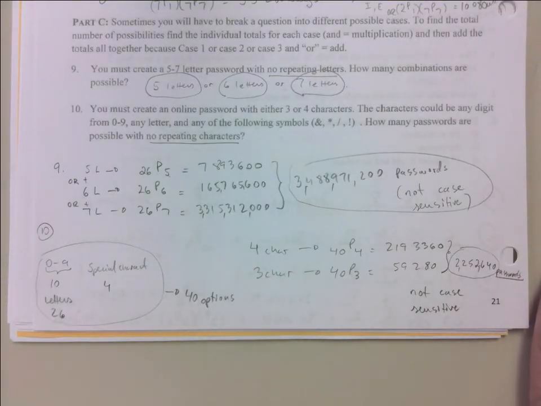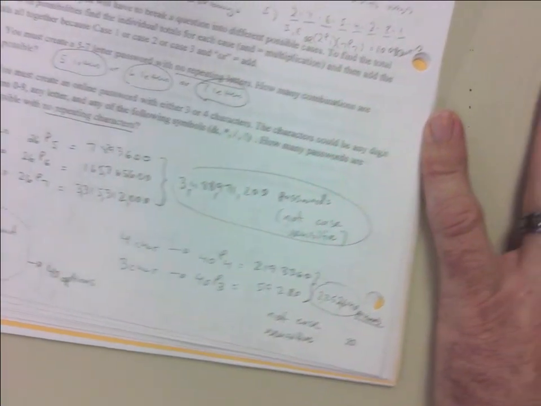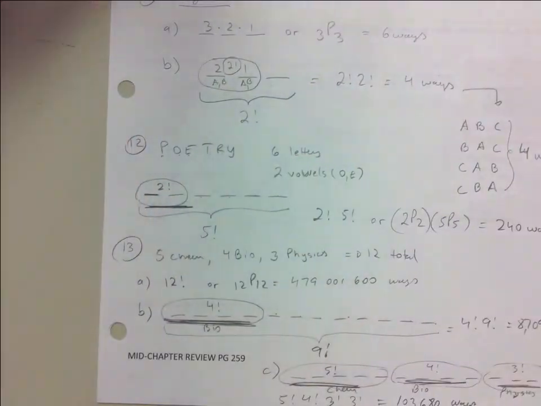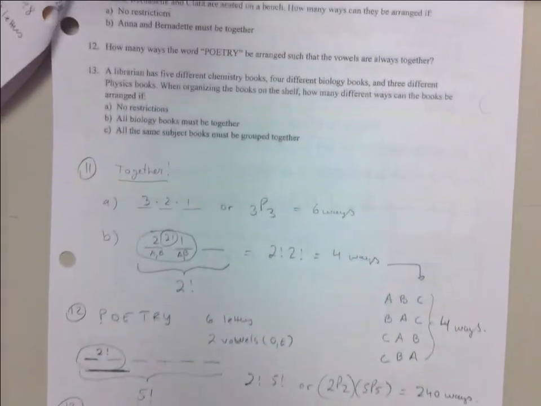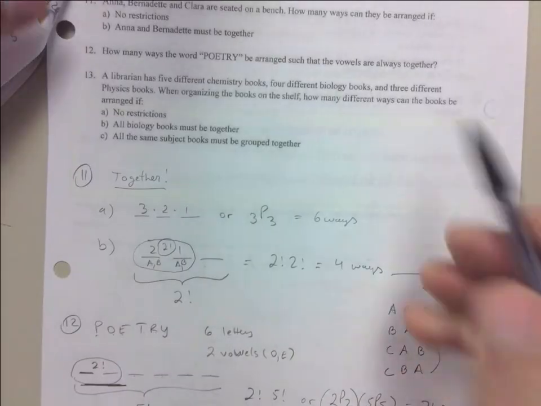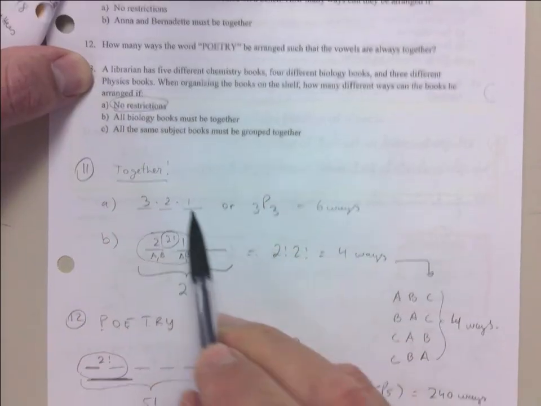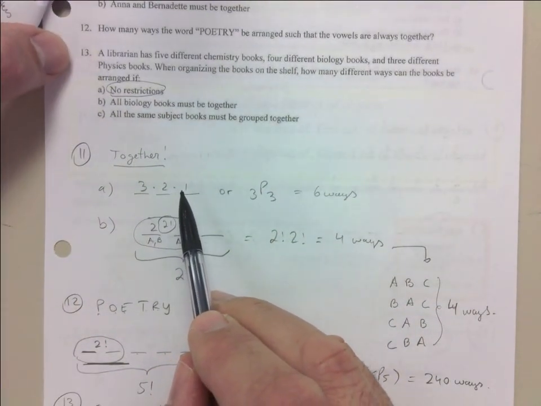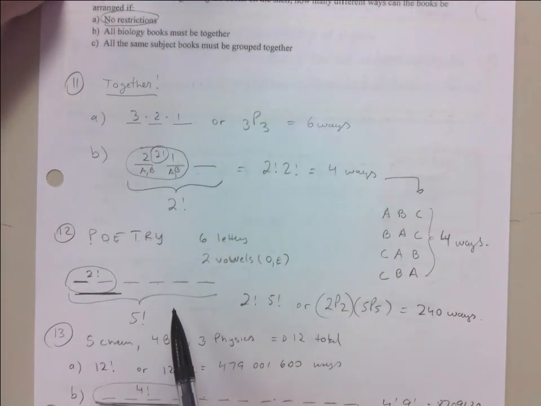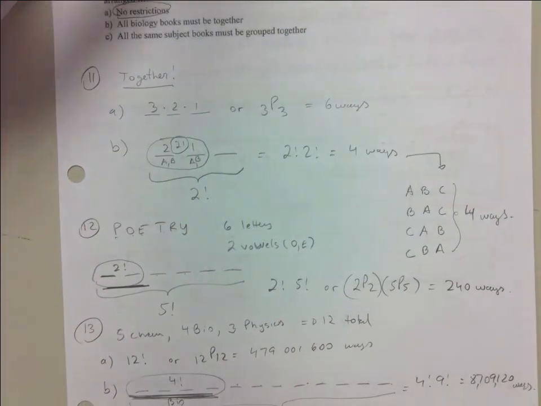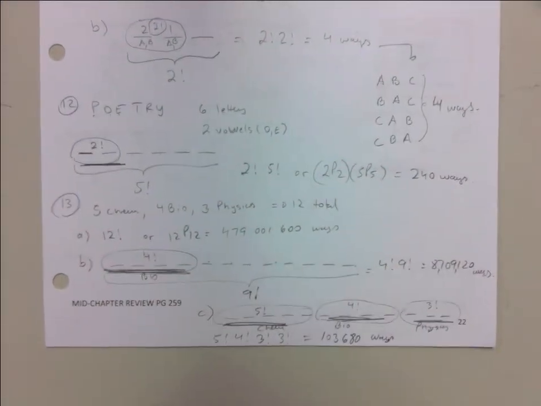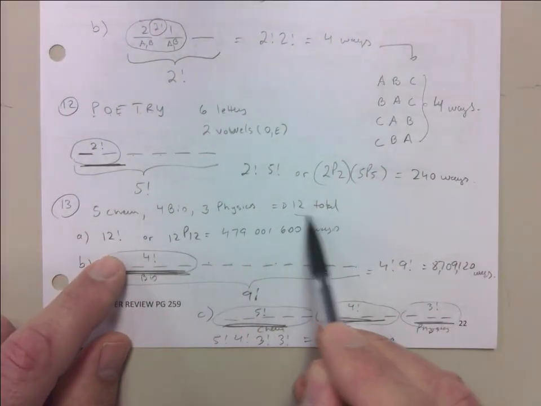I think I just want to make sure if you did the work, okay. For example, on page 22, you had some biology, chemistry, bio, and physics books, right? If there's no restrictions, where's 12? No, 13, sorry. 13, we had no restrictions. There were 12 books.